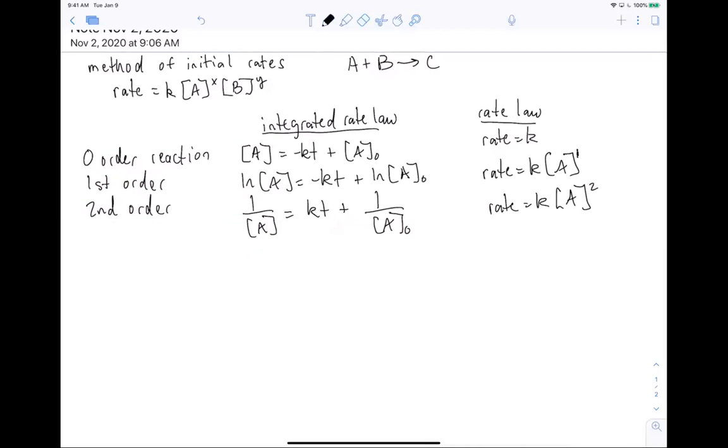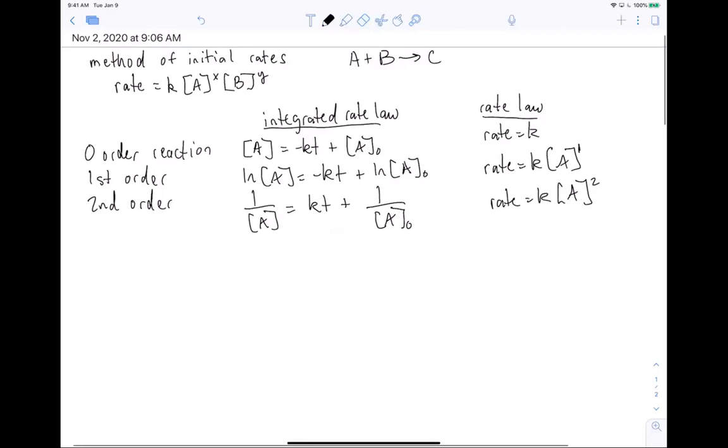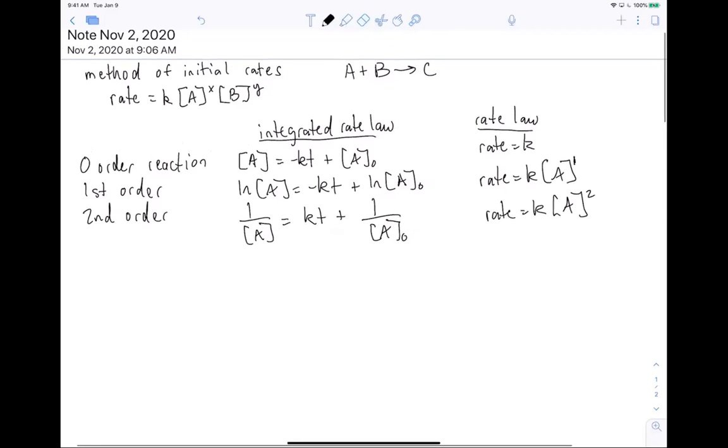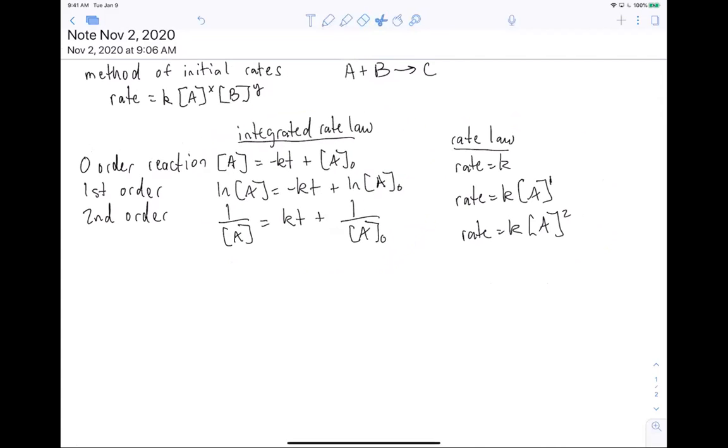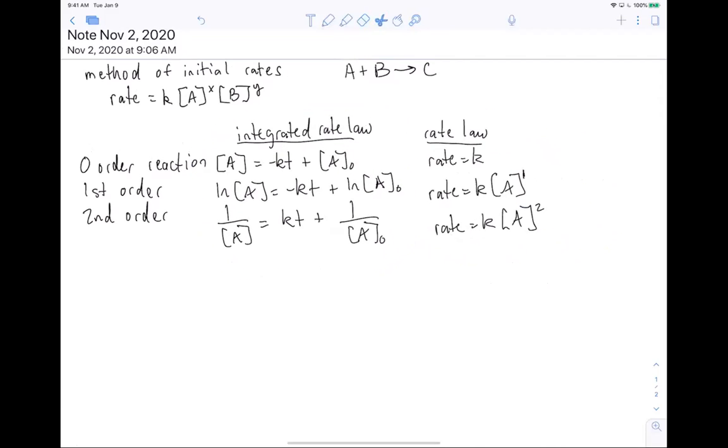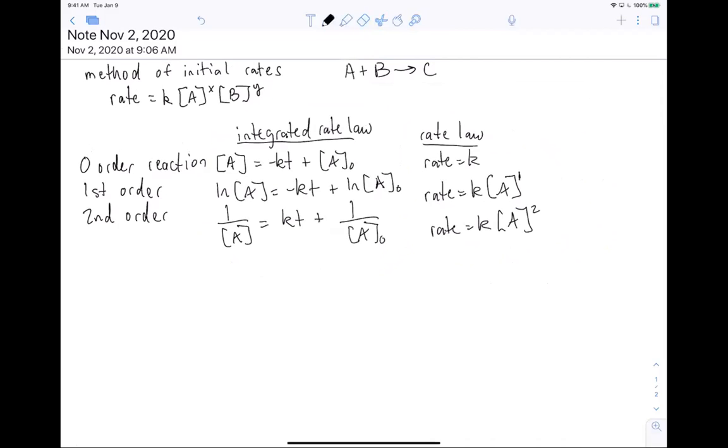So one thing that we talk about, which is really just a different form of the rate law, are the half-lives. That would be the other column that you would have here in terms of looking at kinetics. So we've got the rate law, we've got the integrated rate law.